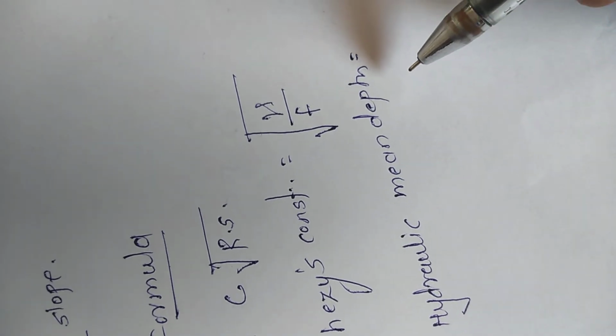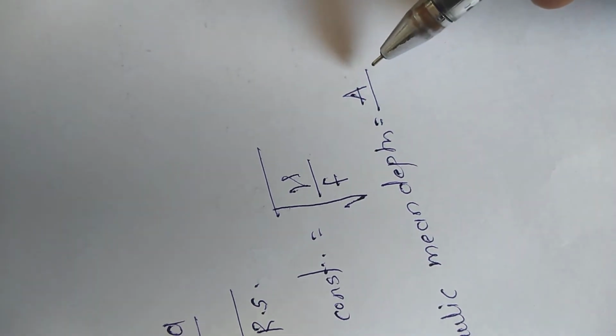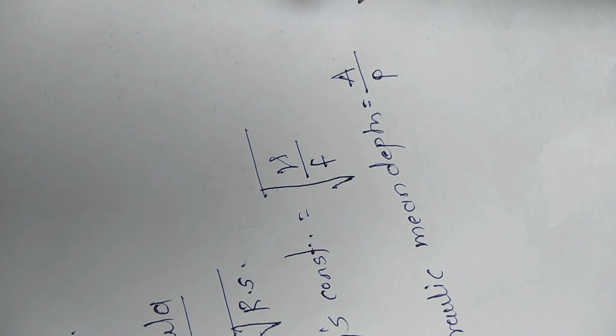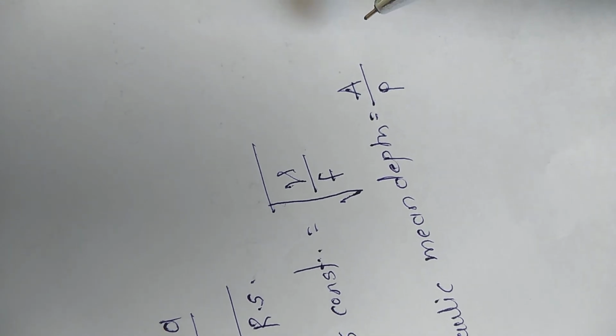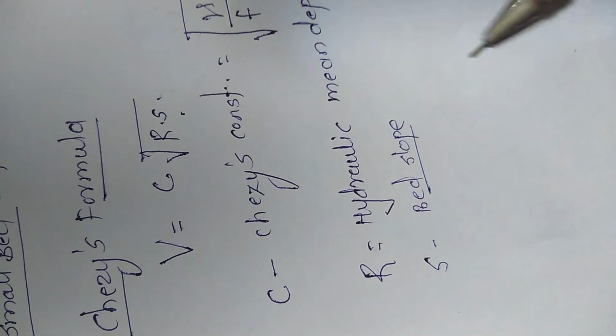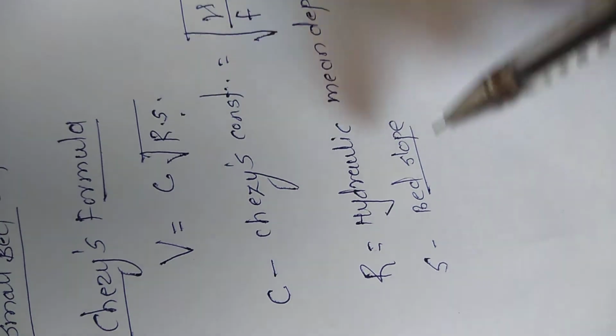How do we calculate it? It is the area of the section divided by the wetted perimeter of the channel. Another parameter in the formula is S, the bed slope, that is, the longitudinal slope of the channel. So these are the three parameters.